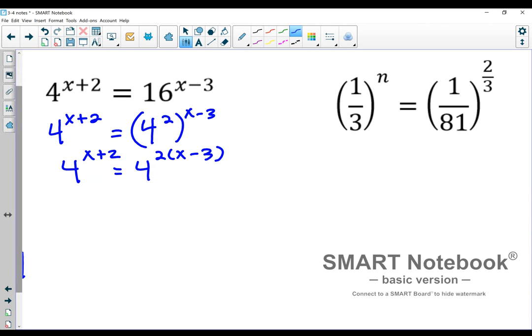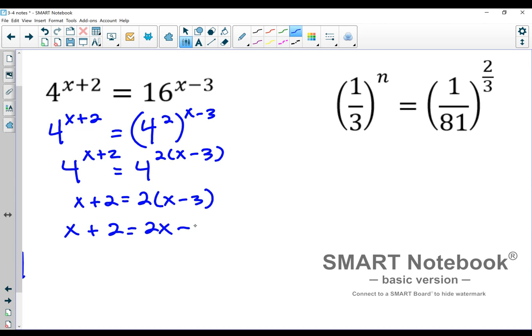And now that I have the same base, I can make my exponents equal. And then I can go through and solve. Let's see, subtract x on both sides and add 6. So 8 is equal to x.